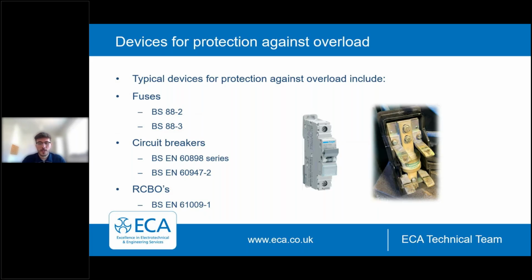So taking a circuit breaker, for example, if the level of current was to exceed the rated value of the circuit breaker, it's going to start to heat up the bimetallic strip within the circuit breaker, and then after a period of time, it's going to cause the device to activate. Obviously, the more current, generally the faster the device is going to activate.